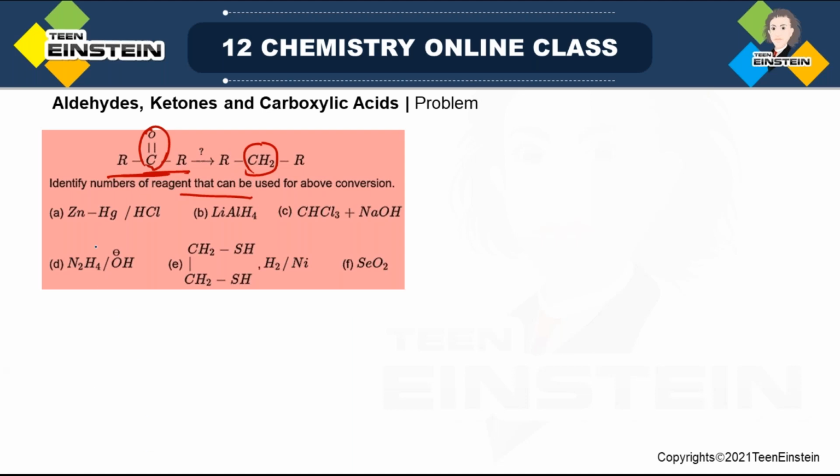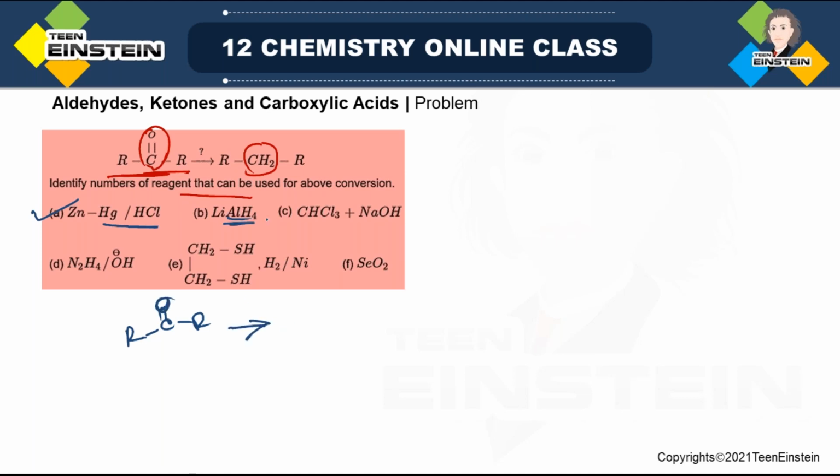The first reagent that is given, Zn-Hg/HCl. Remember, this is Clemmensen reduction, where we use zinc amalgam and concentrated HCl condition. So obviously this can do, that is, it will be able to do this conversion. Next reagent is lithium aluminium hydride. Now lithium aluminium hydride, if you use on RCOR, then RCOR will be converted to secondary alcohol.